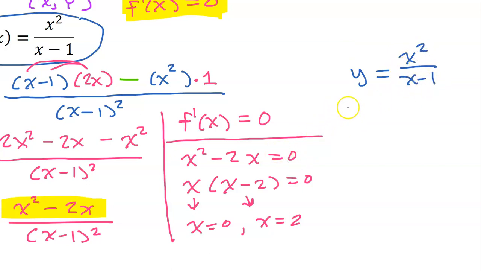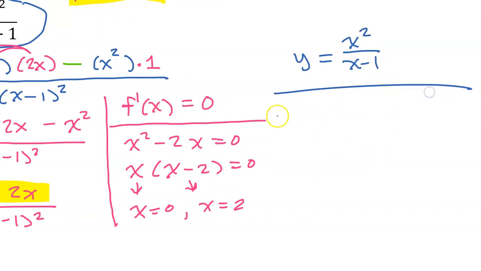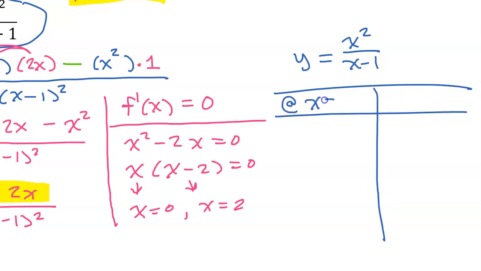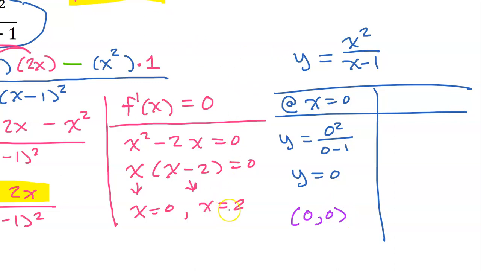So let's start with the x value of 0. At x equals 0, y will equal 0 squared over 0 minus 1. But of course, with the 0 squared, we just get a y value of 0. So putting the x value with the y value, we have our first point, 0 comma 0. But what about x equals 2?